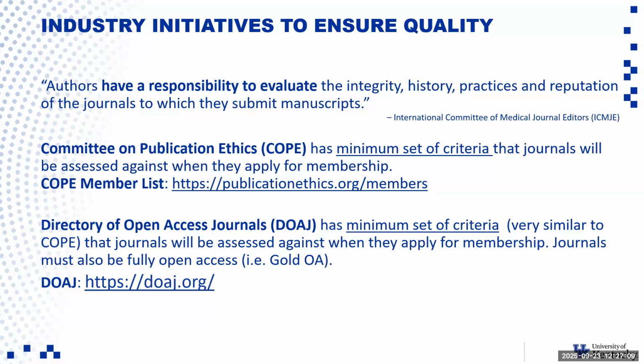There's also the Directory of Open Access Journals, an independent directory of fully open access, or gold open access, journals with a mission to increase the visibility, accessibility, and reputation of open access scholarly research journals. So journals must apply for membership, and then they have to meet minimum criteria to be added to the directory.